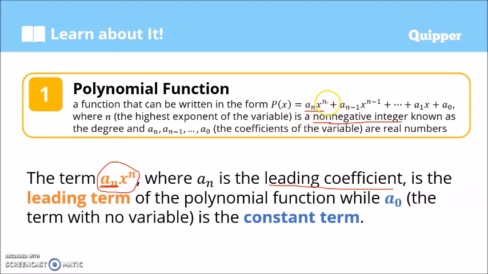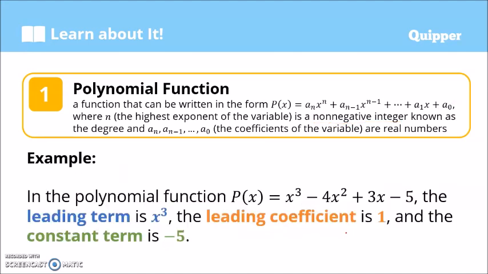The variable that contains the highest exponent, kasama yung coefficient niya, that is called the leading term. Okay, the leading term. And yung a sub n, yung tinatawag na leading coefficient. Yung a sub 0 naman, that's the last one here. A sub 0 is the term with no variable. We call that the constant term.